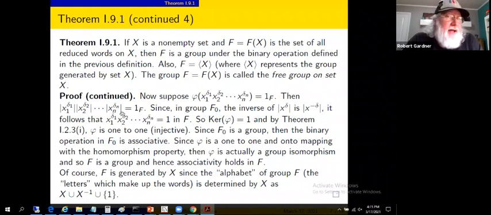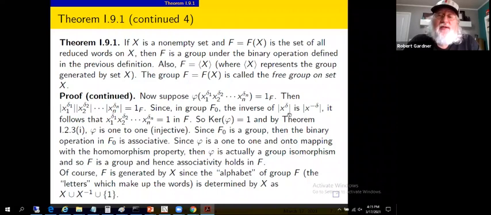It produces this mapping that must equal the identity on set f. In group f sub 0, the group generated by the absolute value of x ranging over the elements of set x, the inverse of the mapping absolute value of x to the delta is absolute value of x to the negative delta.